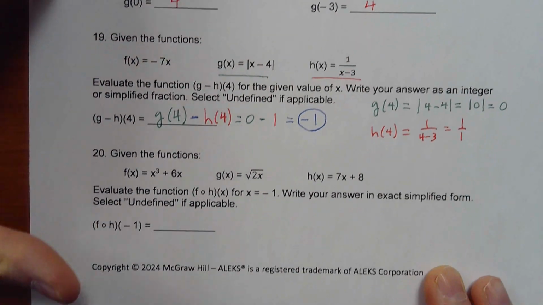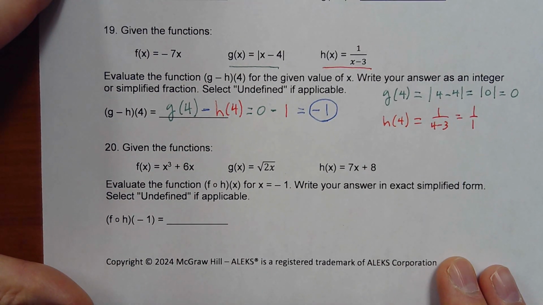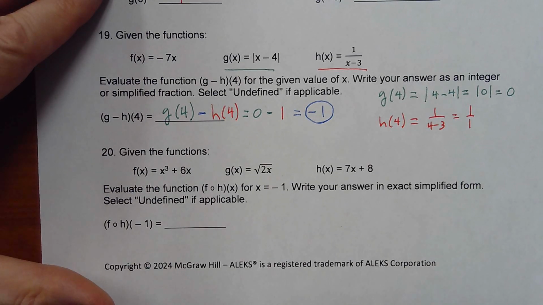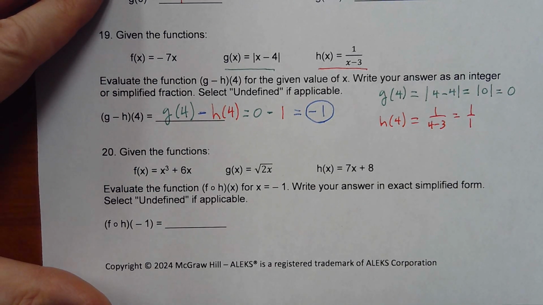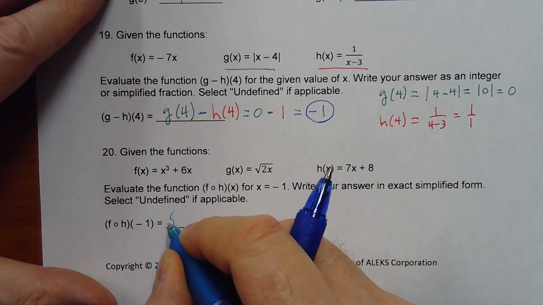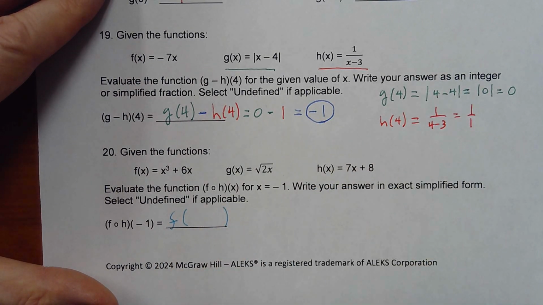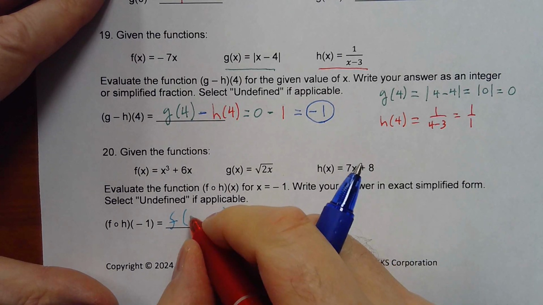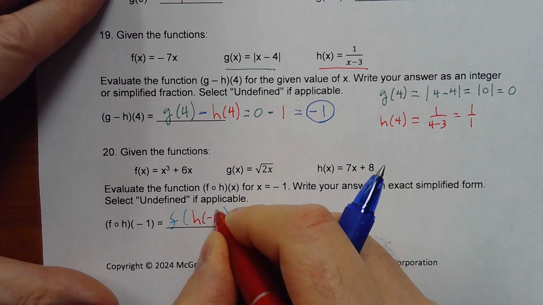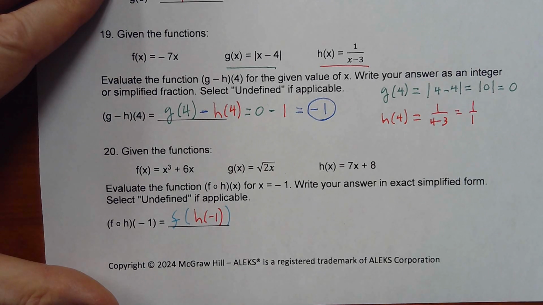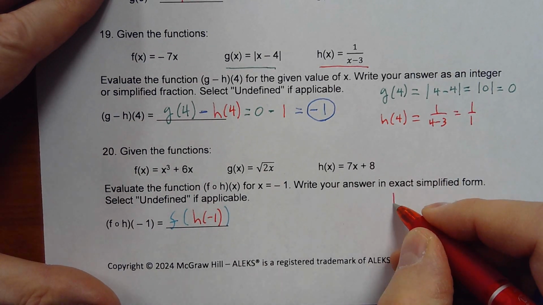Let's try number 20. So here we're doing composition. So remember what this notation means. This means f of h of negative 1. So let's first go off to the side here on scratch paper.